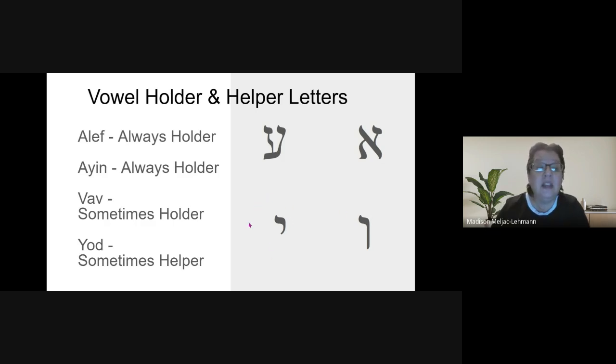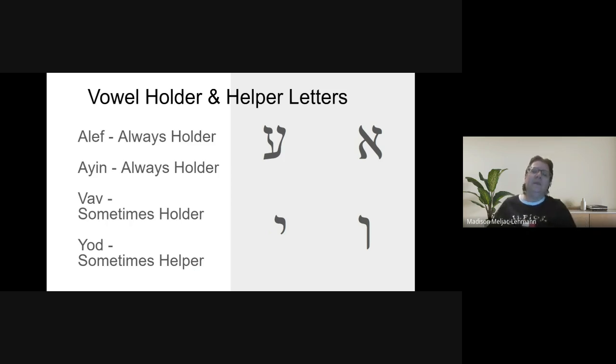The yod is sometimes a helper. So like the vav was sometimes a holder, you could pronounce it sometimes, and sometimes you don't. The yod is sometimes a helper. So that means that sometimes it adds to a vowel. And we're going to talk about the gooey, chewy. They're basically Hebrew, what we call diphthongs.